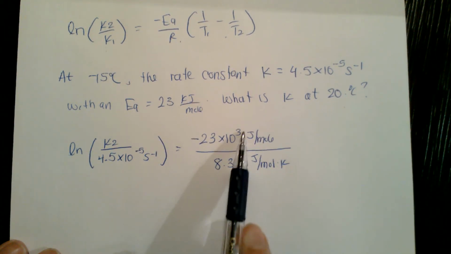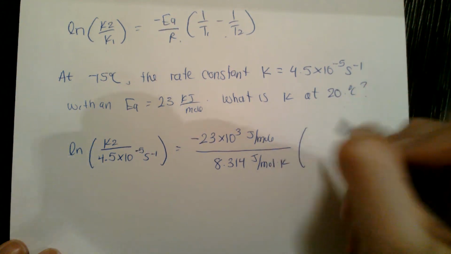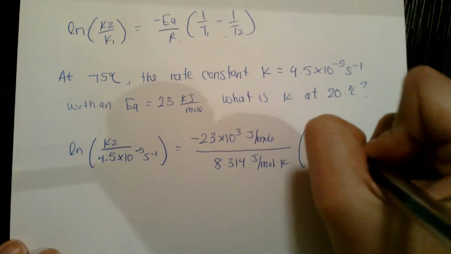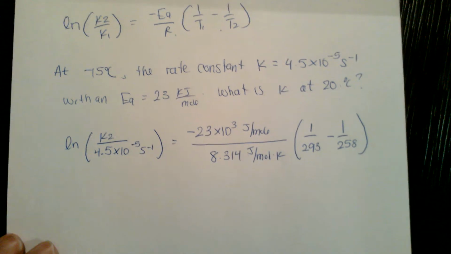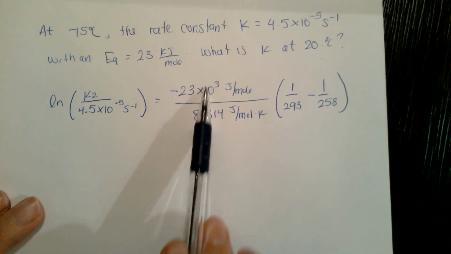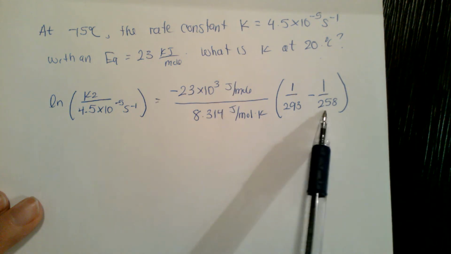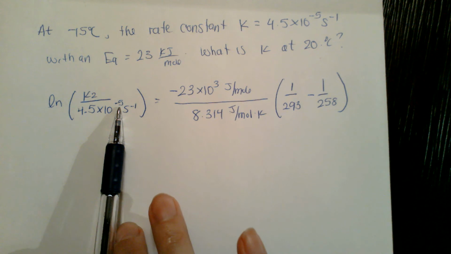So joules is the same as joules, mole is mole, and we're going to get our Kelvin right here. This is 1 over 293, subtract 1 over 258. So now we've filled in all of the values given to us in the problem, turning our temperatures into Kelvin. Now we can solve for our K2.